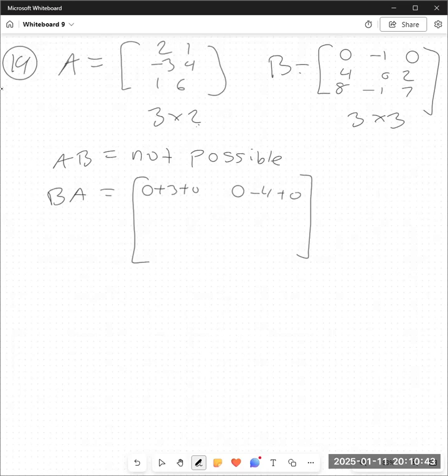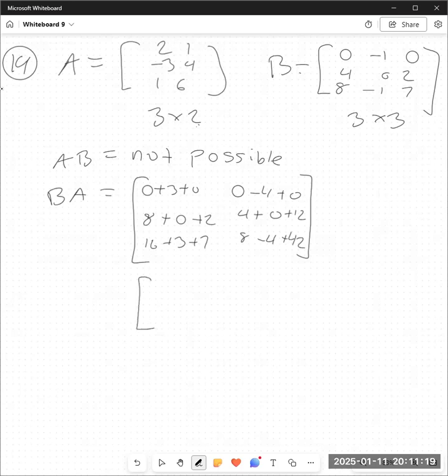Then I have 8 plus 0 plus 2. I have 4 plus 0 plus 12. I have 16 plus 3 plus 7. Then I have 8 minus 4 plus 42.